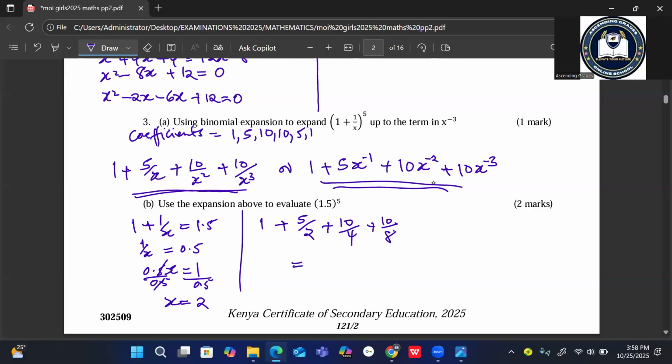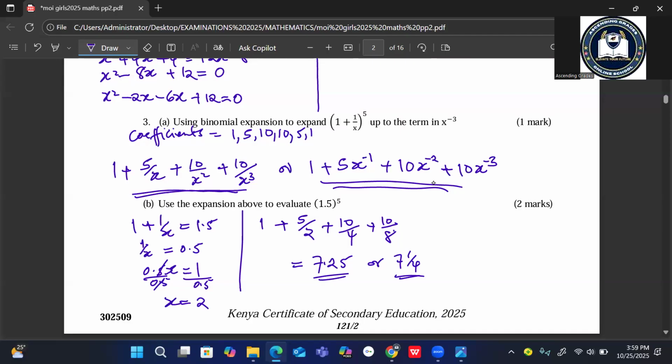So our final answer becomes 7.25, or we can have it as 7 and a quarter.